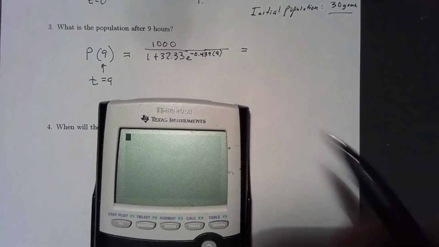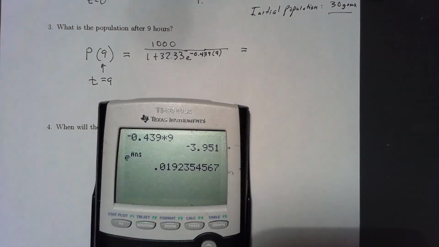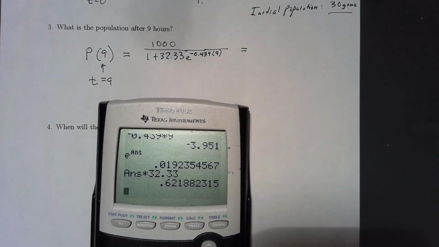So let me do the e part first. Negative 0.439 times 9. So I'm going to raise e to that power. Second e, second answer gives me that. And that's being multiplied by 32.33. And then you're going to add 1 to that.